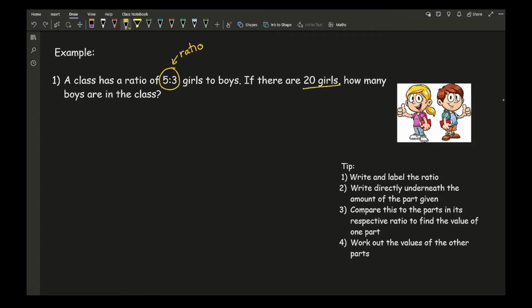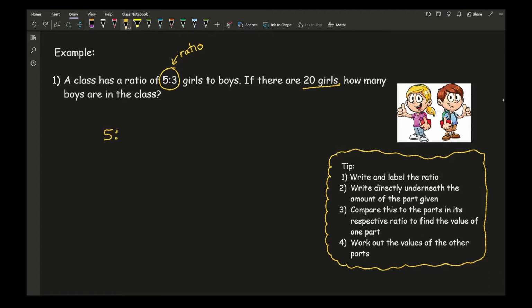In terms of the tips we need to work out this question, we follow these steps. Step 1 is write and label the ratio. Here I've got the ratio of 5 to 3, and I'm going to label the first one mentioned as the girls, and the second as the boys.